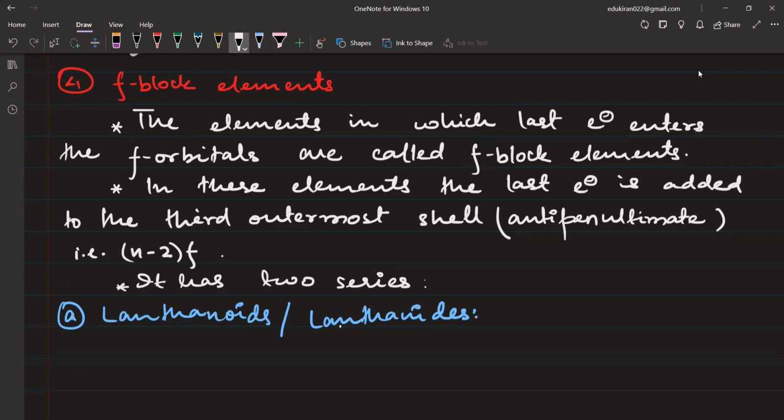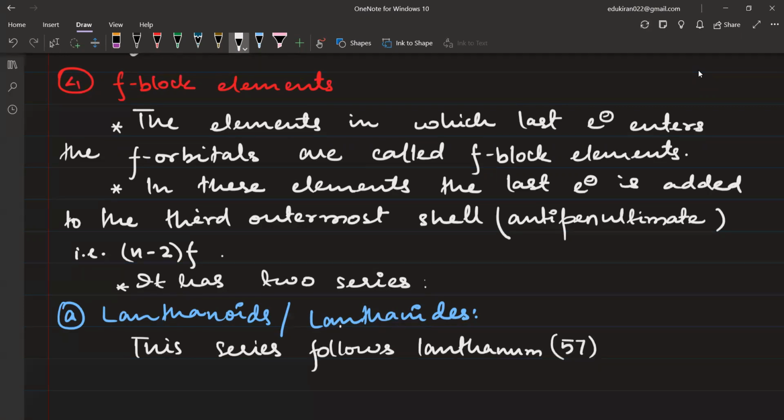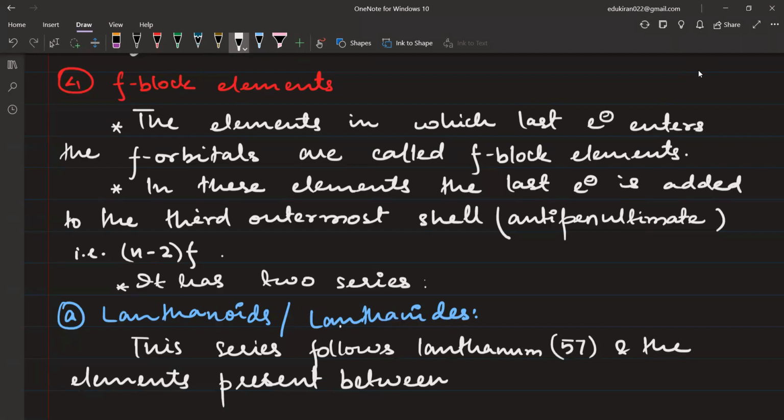Now, this series follows lanthanum, which is Z equal to 57, atomic number 57, and the elements present between cerium, which has the atomic number of 58, to Lu, lutetium, which is 71.